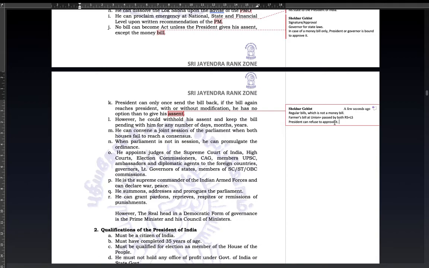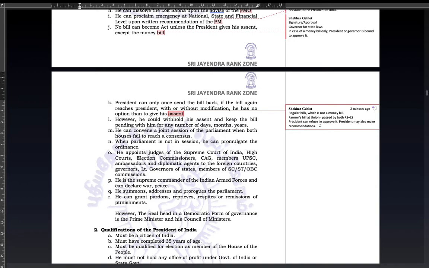Okay, when the president refuses to approve a bill, then the bill will again go back to both the houses. At this stage, president may also make recommendations. When he refuses to approve the bill, it is called the bill is sent back to the houses.